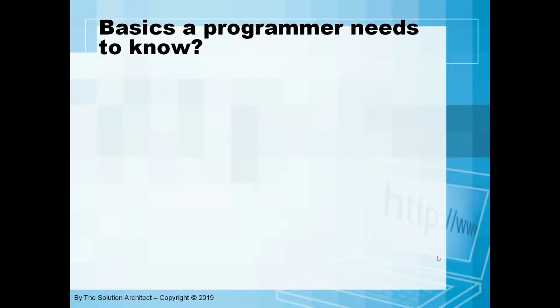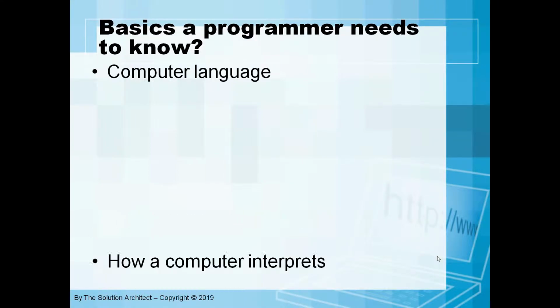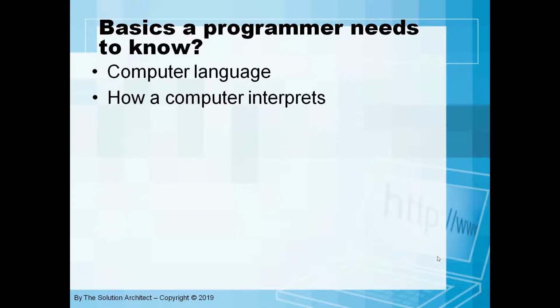Next, what are the basics a programmer needs to know? A programmer needs to learn a computer language. They need to understand how a computer interprets the computer language, and how to design a program. They need to know what data is and how to store data.